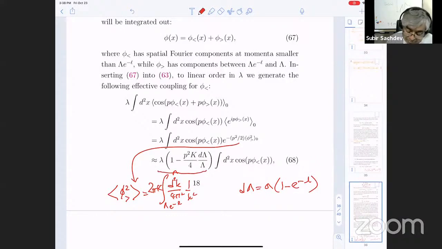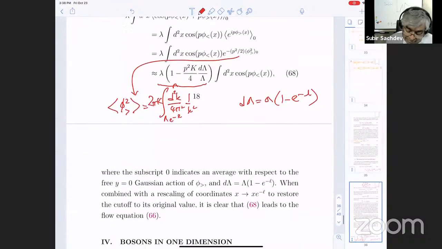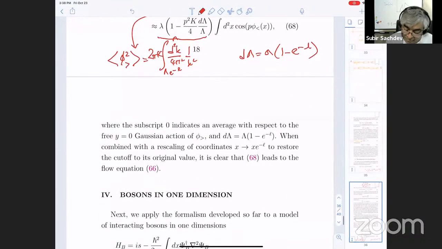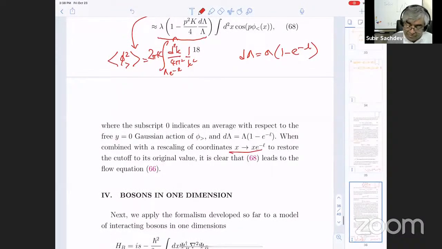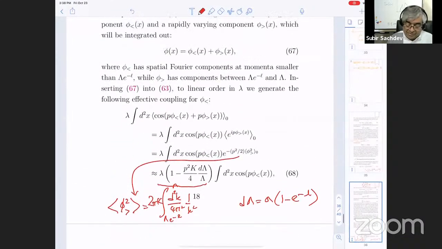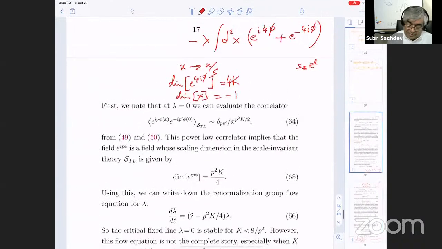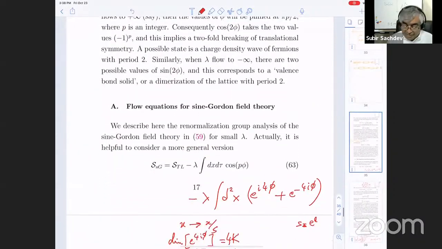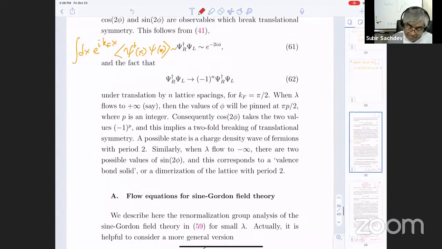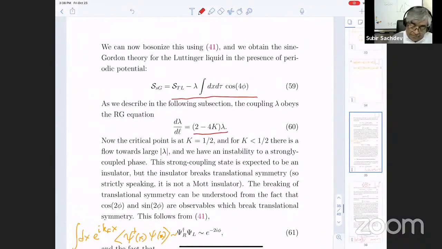And there, lo and behold, is your complete, well, so that's one change. And then you have to rescale coordinates. You have to rescale x. And then when you put it all together, that's your introduction to RG. And hopefully you can read that more carefully. I think it's fairly critically explained. And this is the RG flow then of lambda.